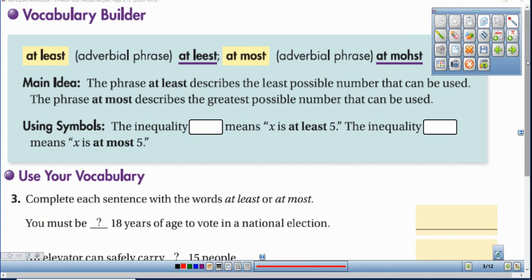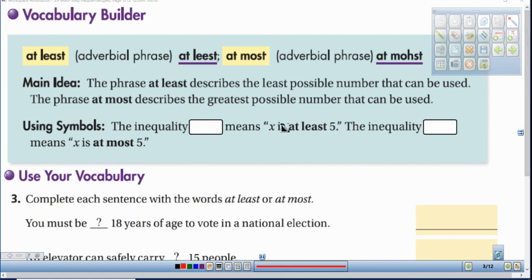All right. Talking about some phrasings that you might see if it was a word problem or just phrases that we use in everyday life: at least and at most. The phrase at least describes the least possible number that can be used, and the phrase at most describes the greatest possible number that can be used.